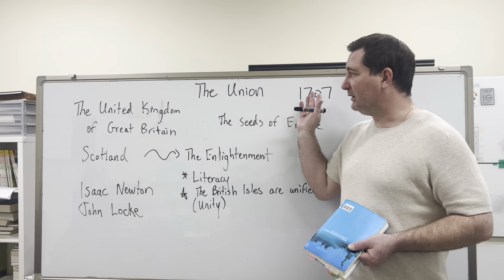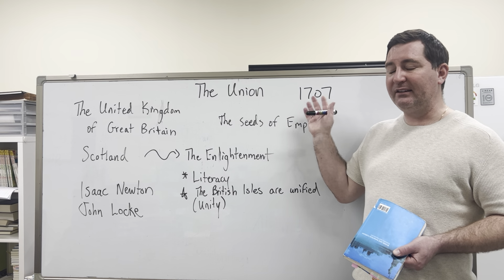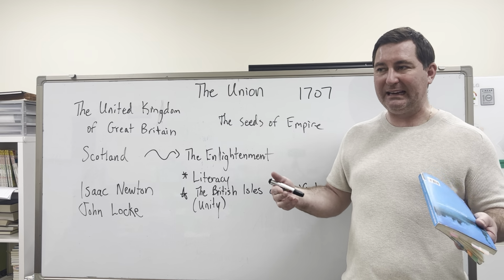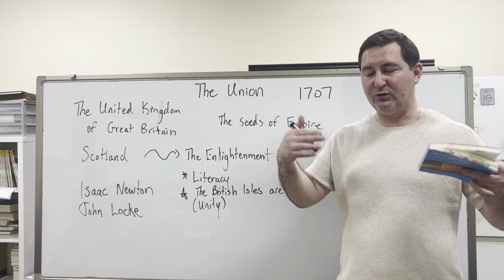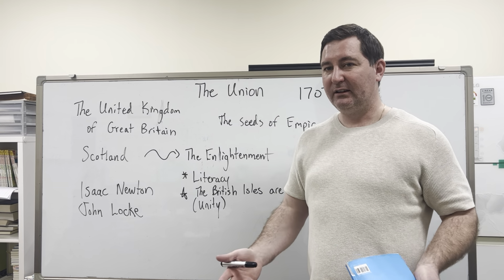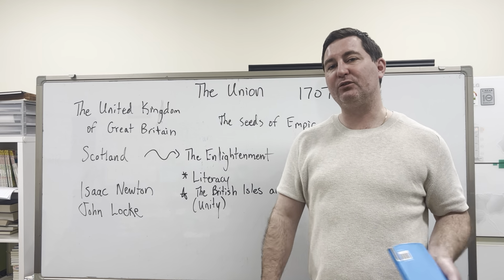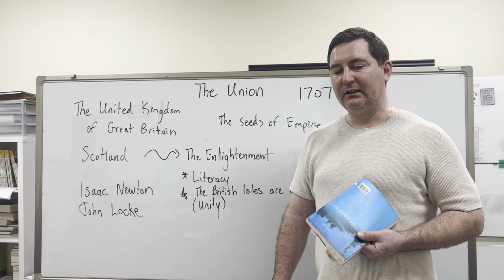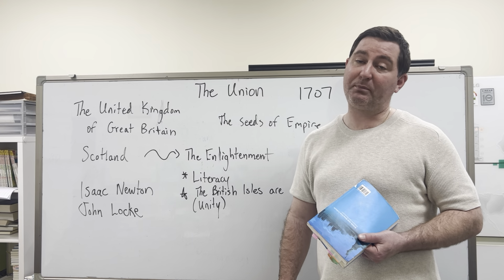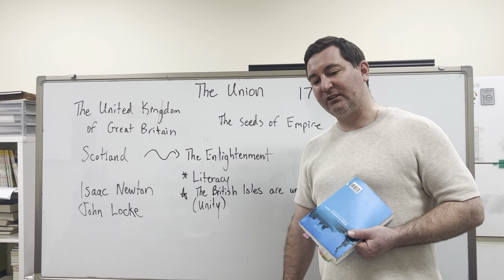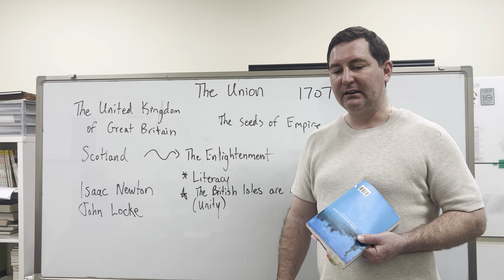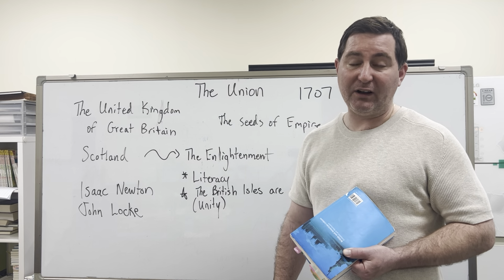So what ended up happening essentially is by 1707, the Scottish had tried to remain independent and started to try to trade on the open seas, and they even tried to establish a colony in the New World in Panama, which the Spanish didn't like and the English didn't support, and that failed, and Scotland essentially collapsed financially.